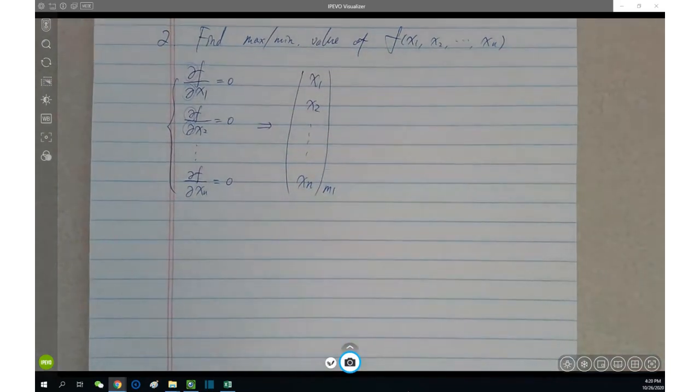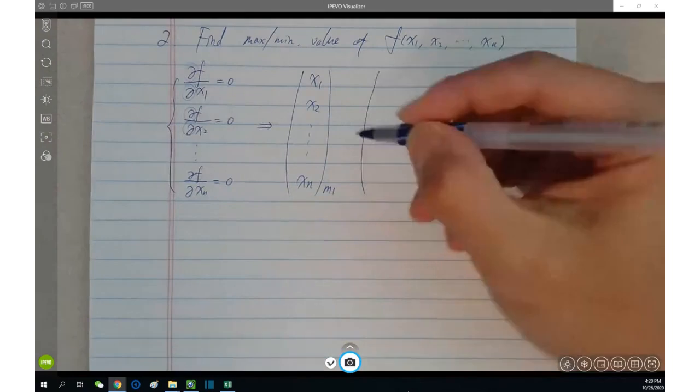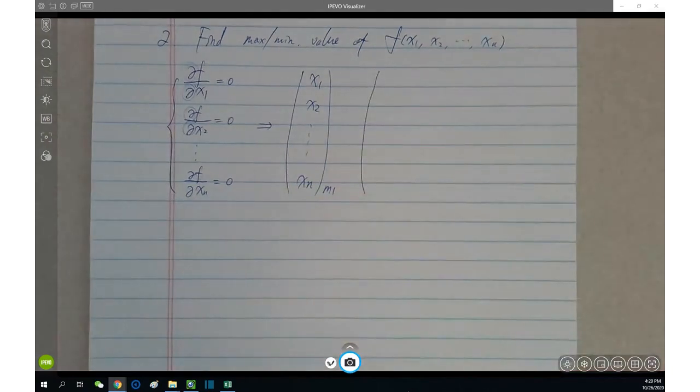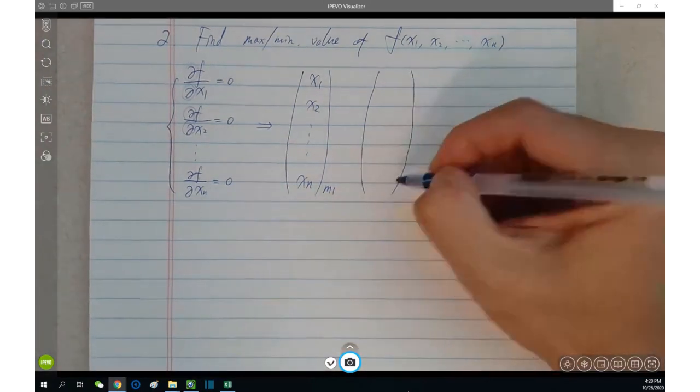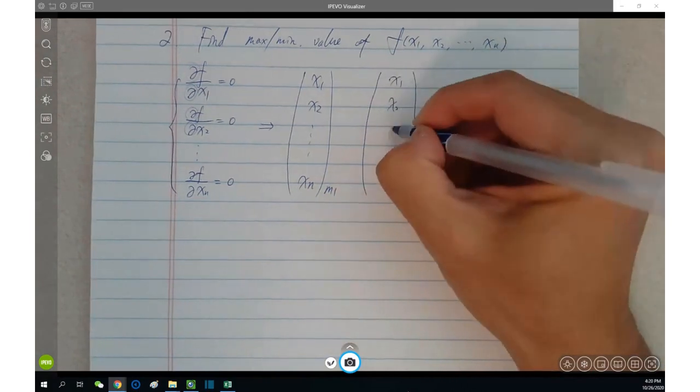It's the first group of the solution. Of course, once again, it might have more than one local maximum or minimum value. Therefore, your independent variable solution also might be multiple. Does this make sense?